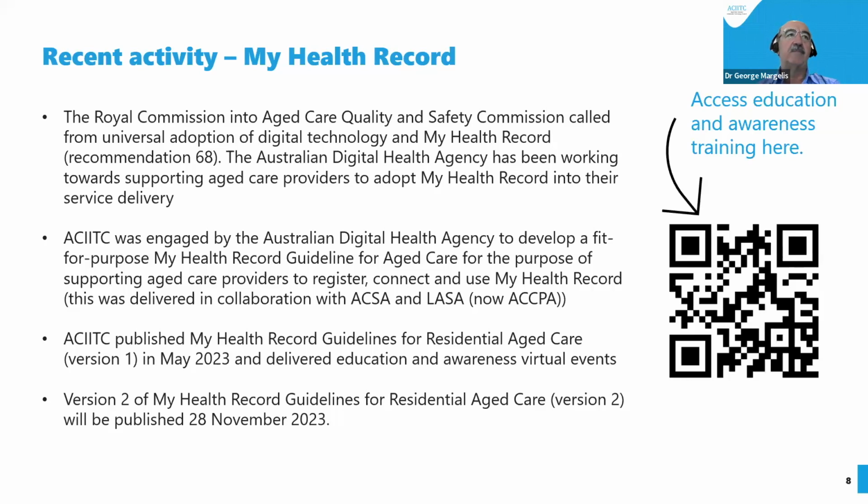We do have plans to look at community and home care services going forward, but we have released the My Health Record guidelines for residential aged care, with a link on the QR code or from our website. A new version is due for release on the 28th of November. I suggest you definitely take a look at those.